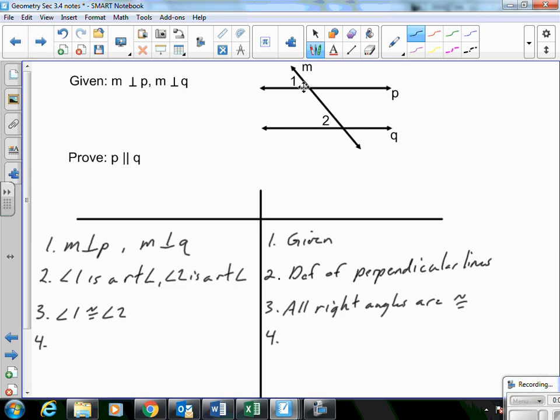So since 1 and 2 are congruent corresponding angles, then we can say that line P is parallel to line Q, and that is the corresponding angles converse postulate.